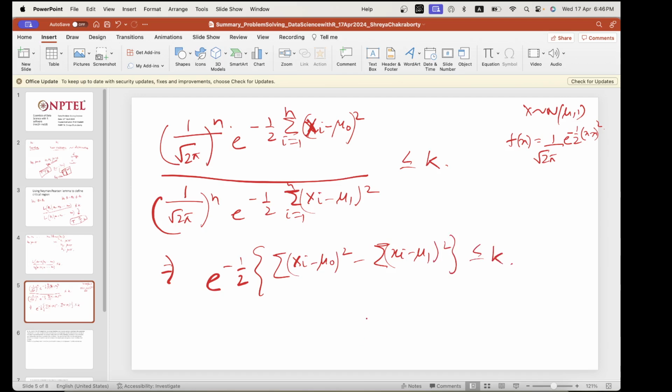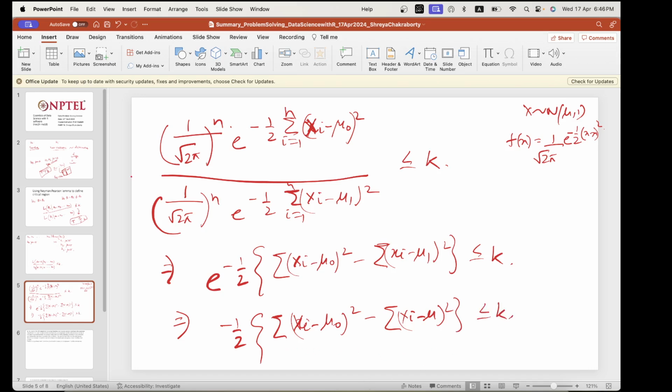Alright. So now if we just take a logarithm, then we'll have minus half [summation (xi minus mu naught) whole square minus summation (xi minus mu1) whole square] less than or equal to k.